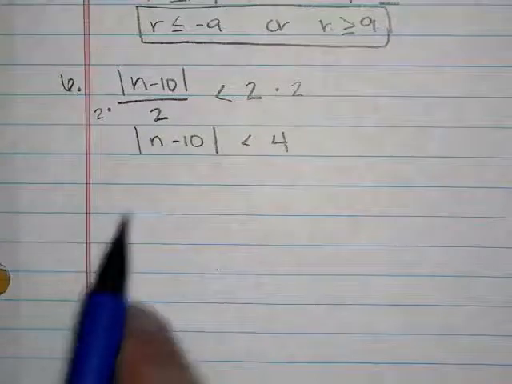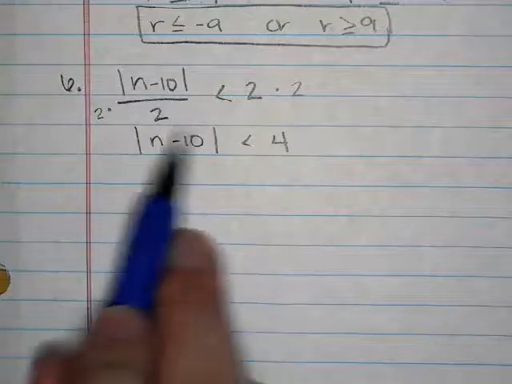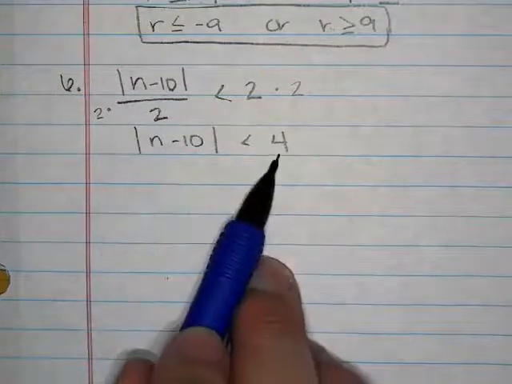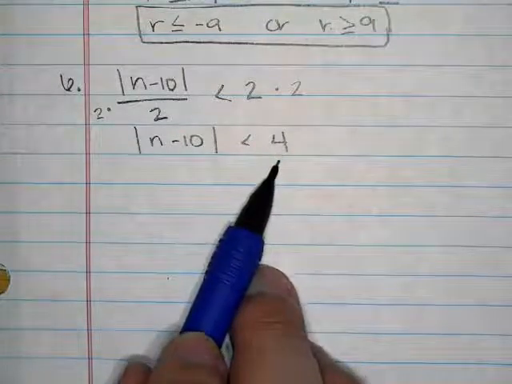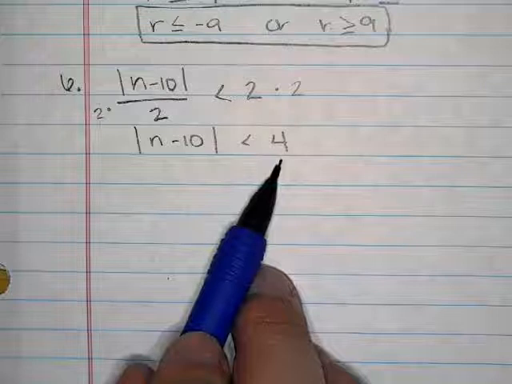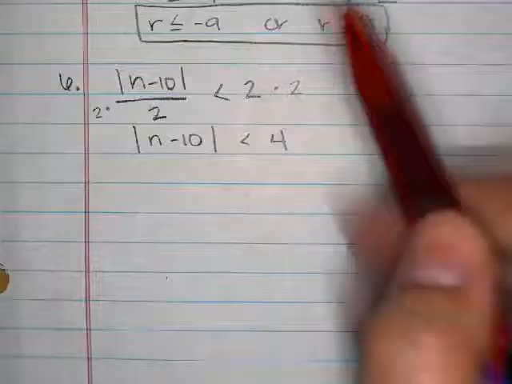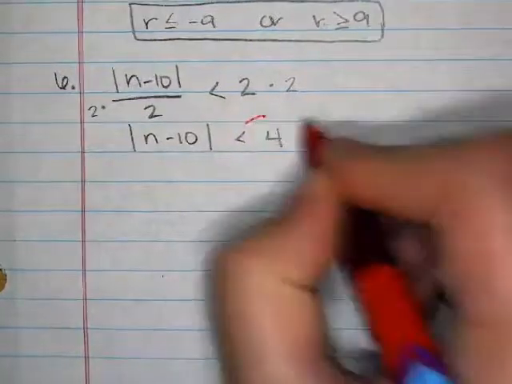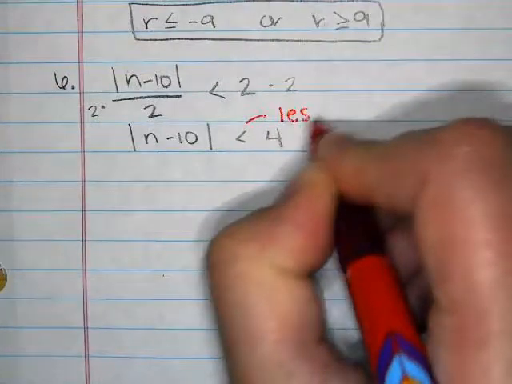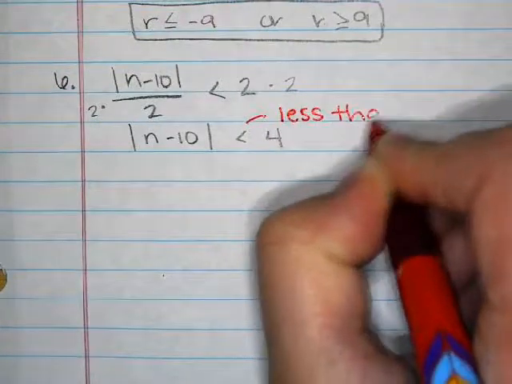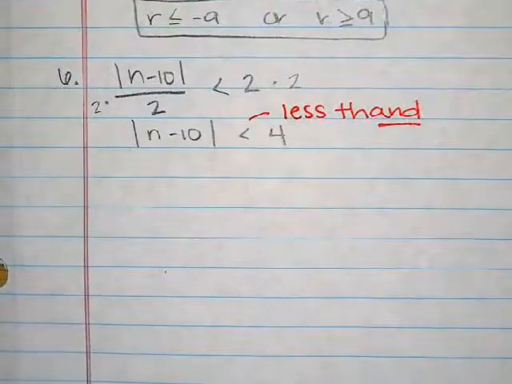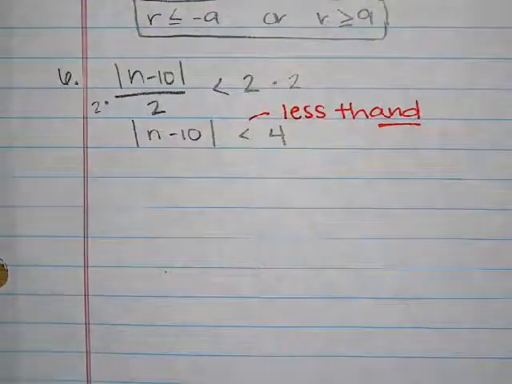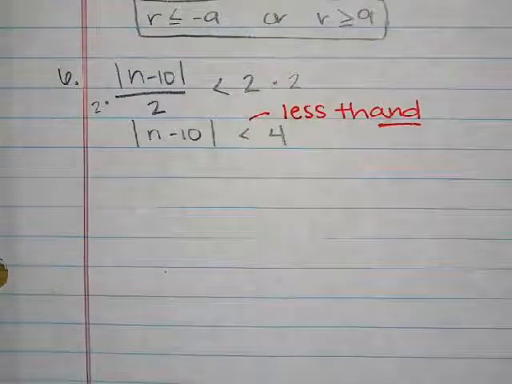And at this point, we have the absolute value all by itself, and the number is all by itself. And this number is positive, so we can do the problem. And if we look at this, this is a less than. It's a less than, so it makes a sandwich.